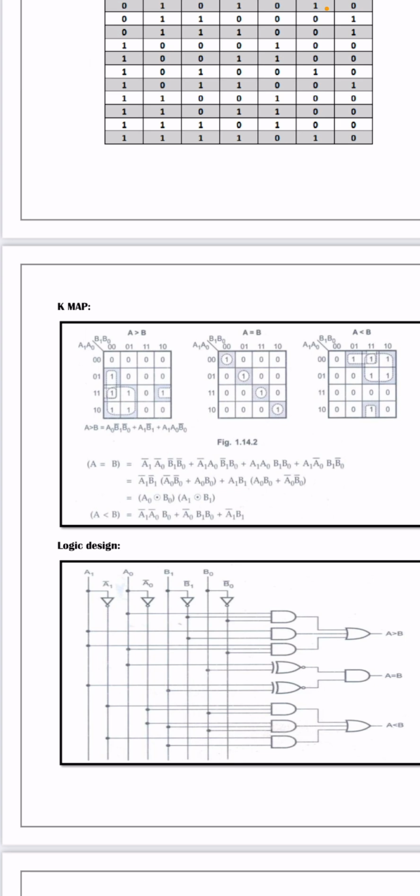Talking about real life, let's take an example of the K-map. How we use a K-map in real life is, like you have seen in some restaurants, there is an automatic dishwasher. What it actually does is, when you are washing the dishes, sometimes water clogs in that dishwasher.